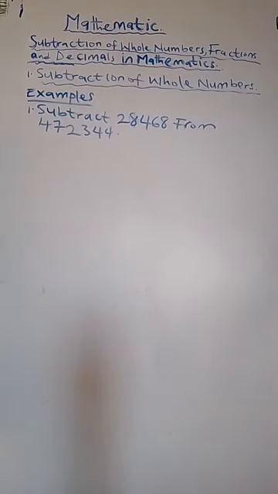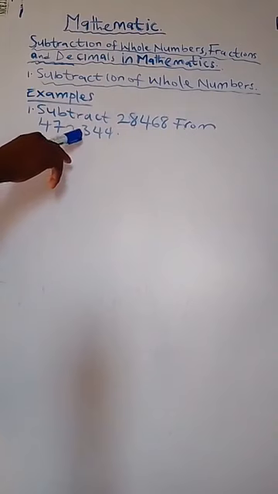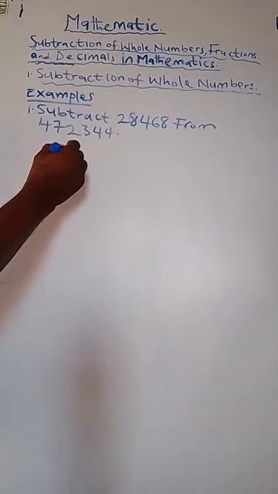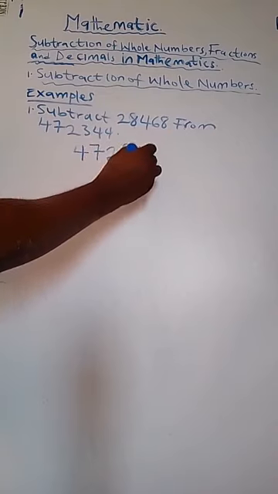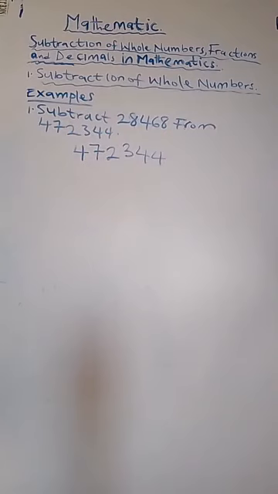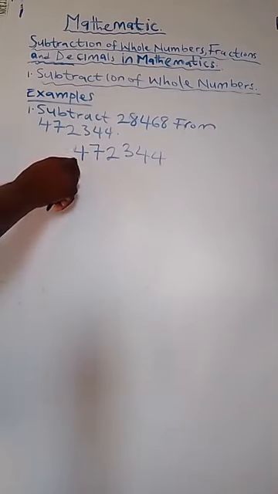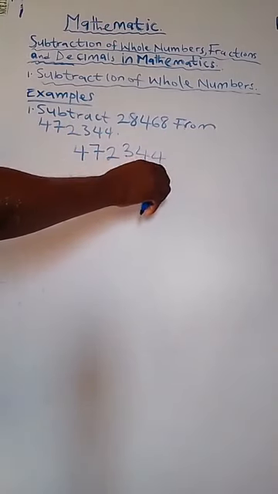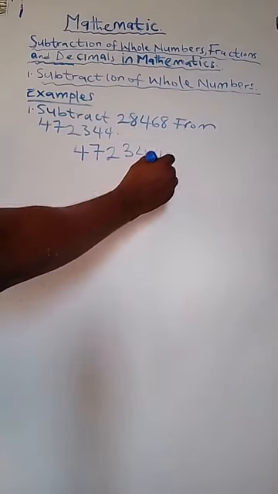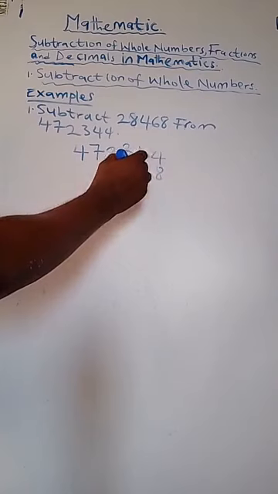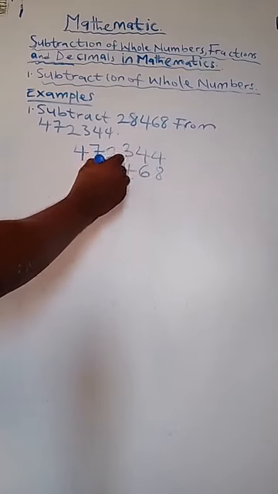In subtraction, you first of all write the biggest number. So the biggest number is 472,344. Then you write the second number. You don't start writing from here. You write from the back or from the right to the left. Don't forget. So if I want to write this, I write 8 6 4 8 2.